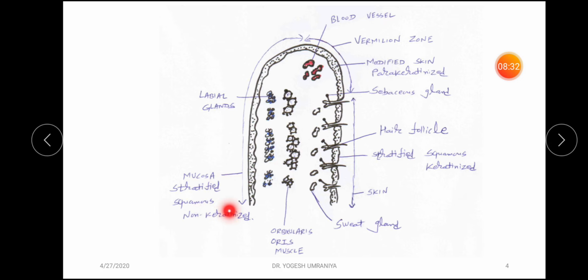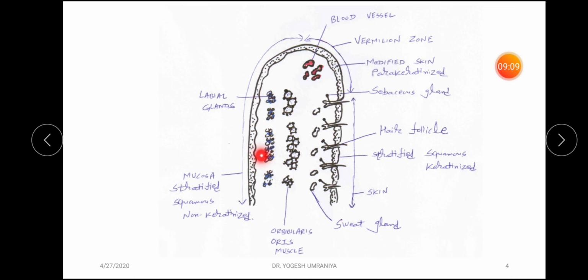The third portion, the internal surface or inner zone, is lined by the stratified squamous non-keratinized type of epithelium, and this epithelium is somewhat thicker compared to the rest of the epithelium, having multiple layers. The dermal papillae lying here show a more heightened shape, with more ups and downs, giving a firm attachment of this epithelium to the underlying structure.